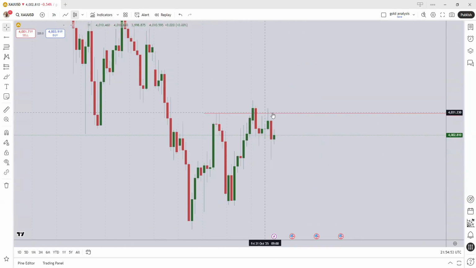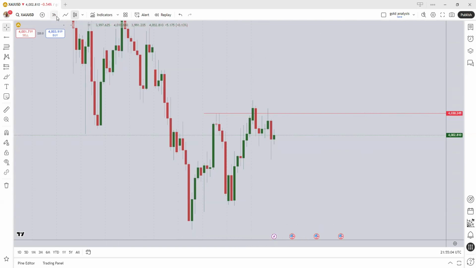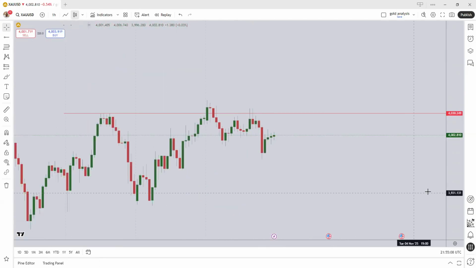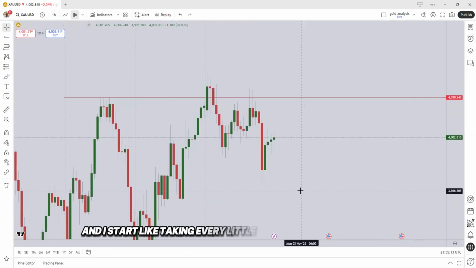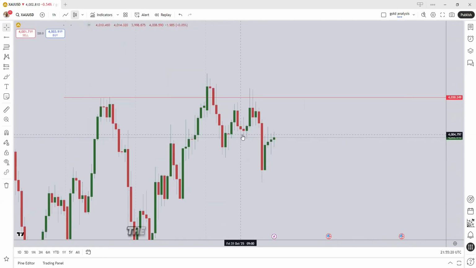daily, right? It engulfed here because I'm someone who would love to get a small stop loss, small risk. So I decided to go on the 1 hour and I started taking every little high that I see, because I believe the directional bias for today is actually sell.